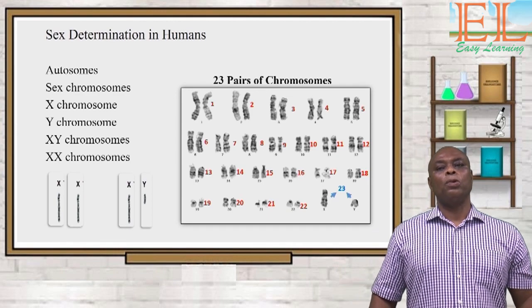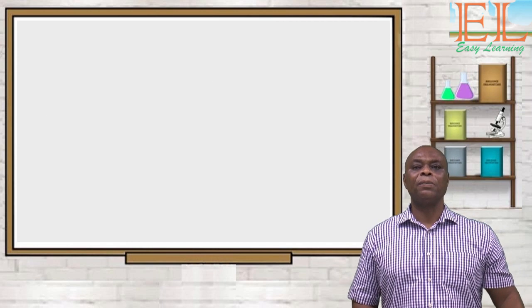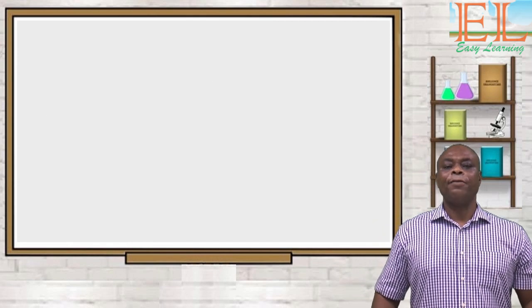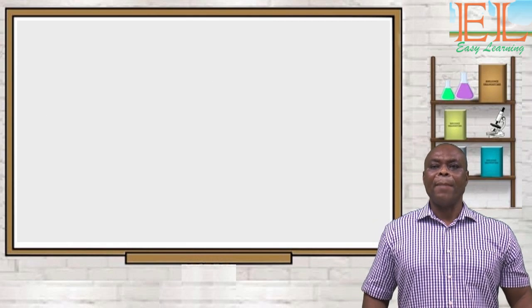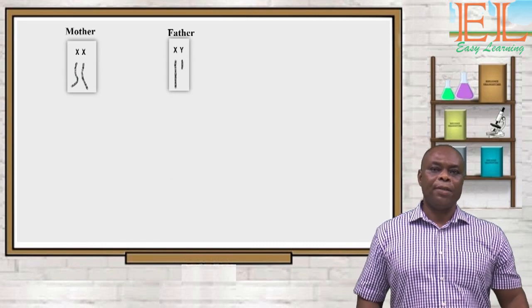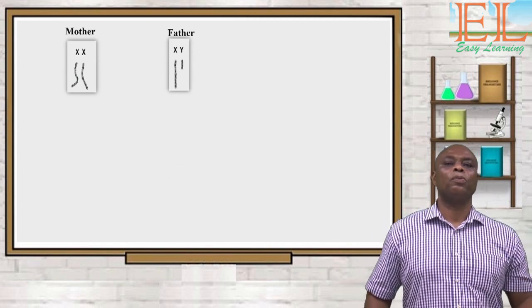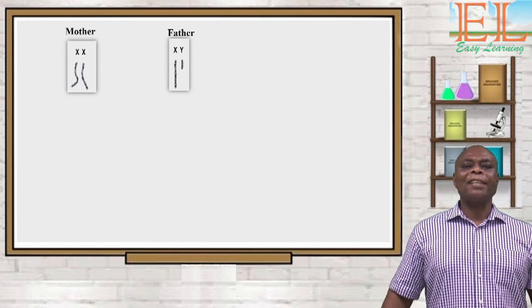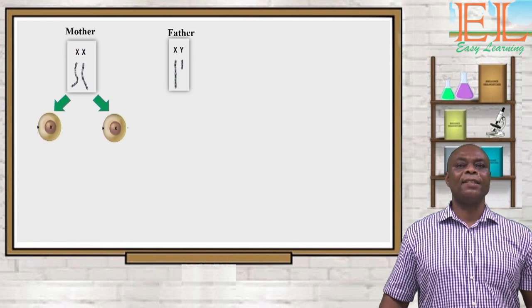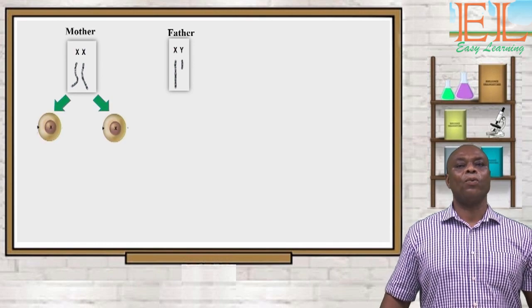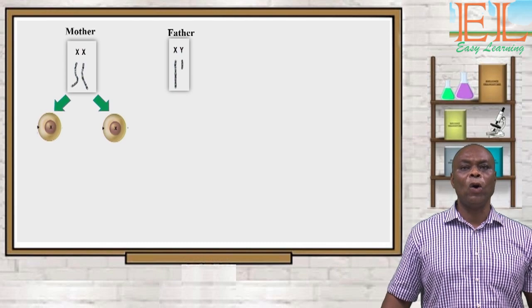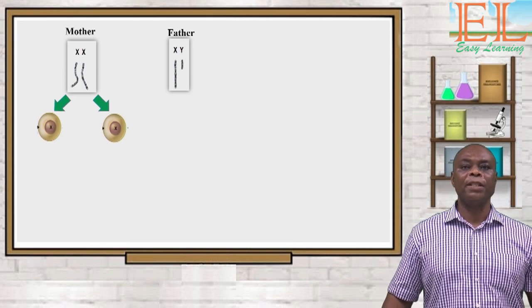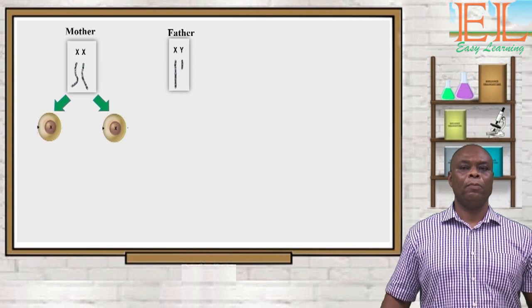Now coming to sex determination, we have the mother and the father with their chromosomes. The mother has two long chromosomes and hence it is termed XX, whilst the father has one long and one short chromosome, which is termed XY.